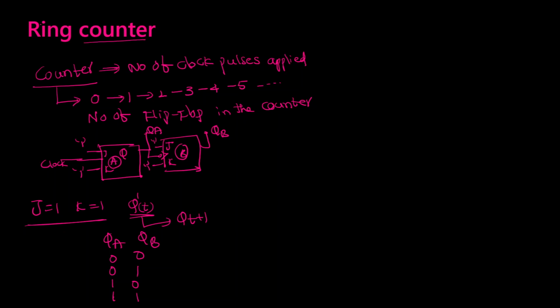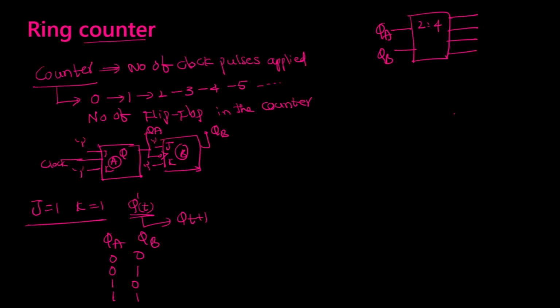So I have my counter outputs, which are QA and QB. I will take QA and QB, which are outputs from the counter, and I can give them to a decoder. This is a 2 line to 4 line decoder, so there will be 4 outputs.